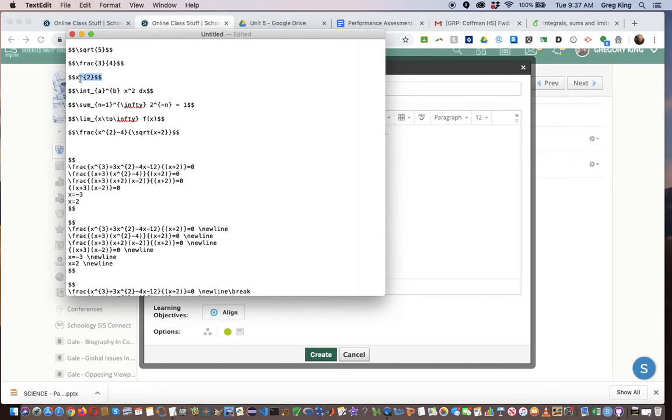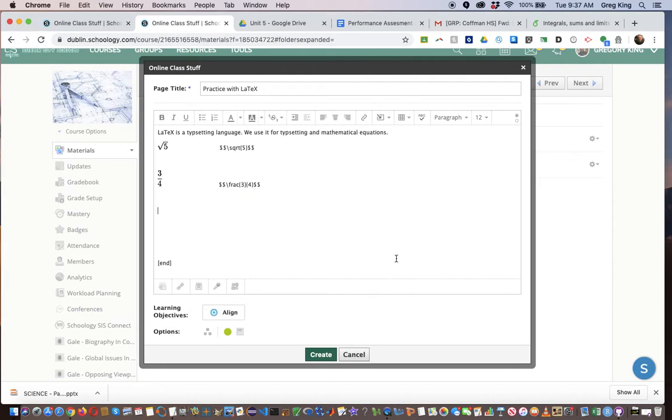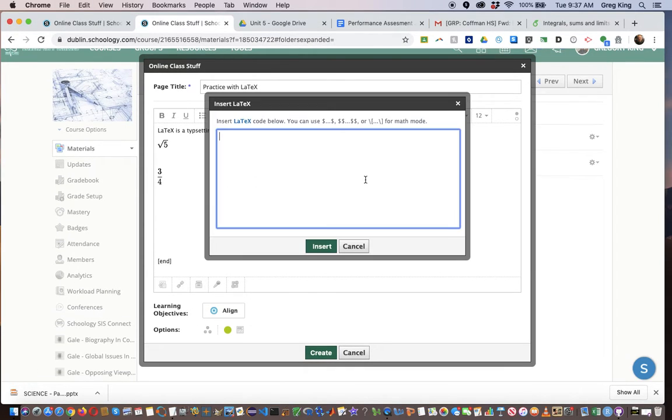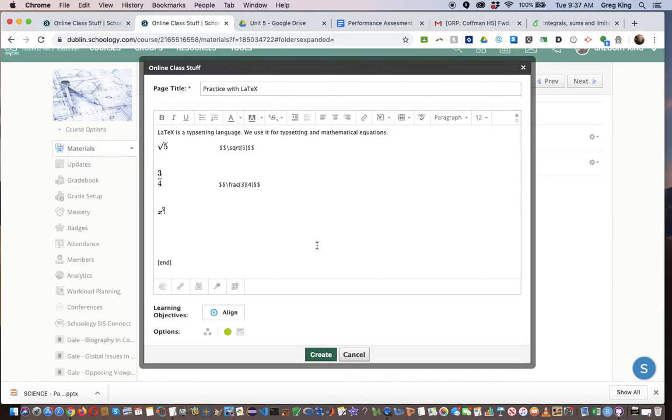Let's look at exponents. So x caret 2, and notice the braces there. Like most of these things, the braces are crucial to tell you what gets treated differently. So we have x squared for this code.